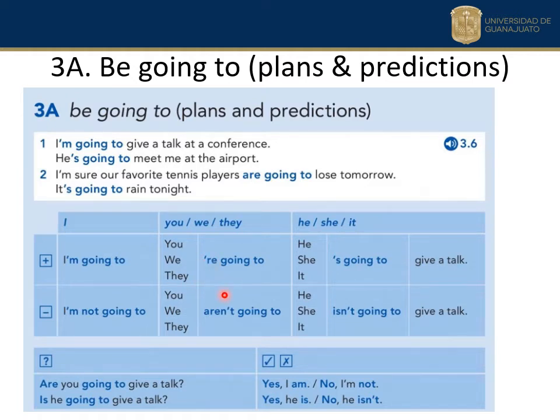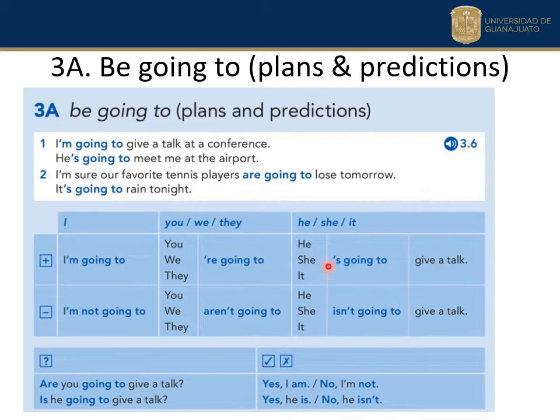Recuerden que aquí ya se junta el sonido o el fonema de they con er. Ok, there. Y si es negativo, sería la contracción N apóstrofe T. You aren't going to, we aren't going to, they aren't going to. Ok.